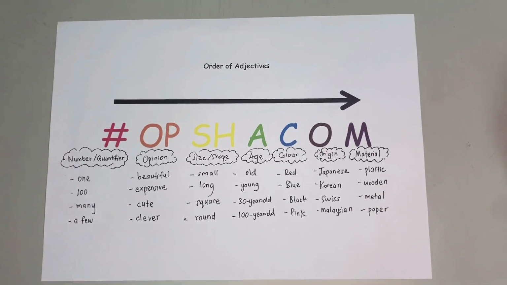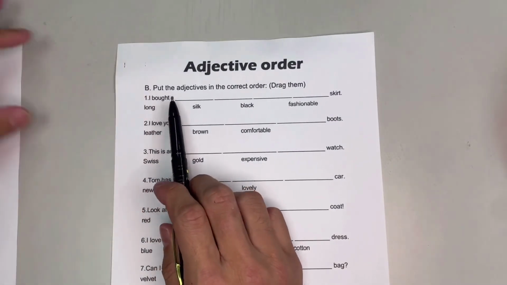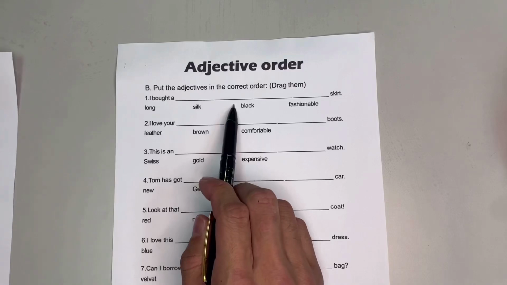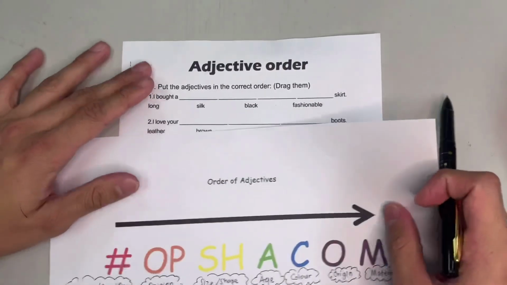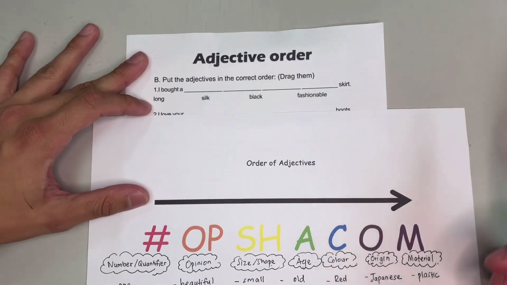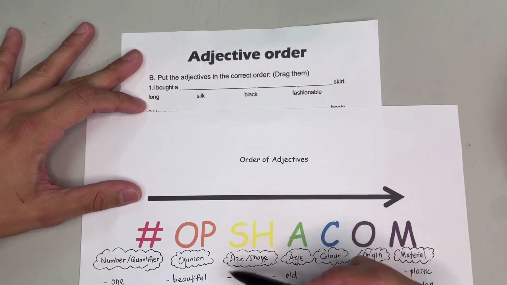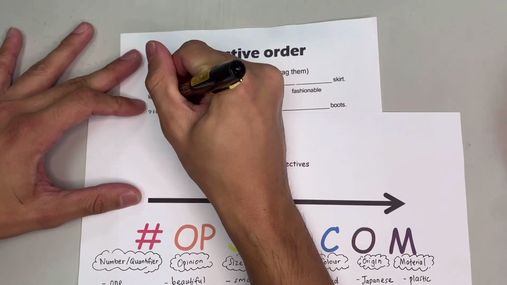Done? Question number 1. I bought a blank, blank, blank, blank skirt. Remember the OPSHACOM rule? Long is under shape or size. So I'm going to put here SH.